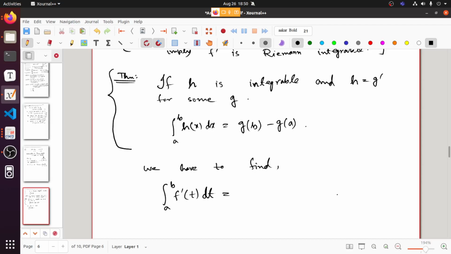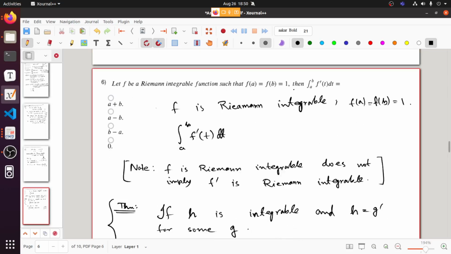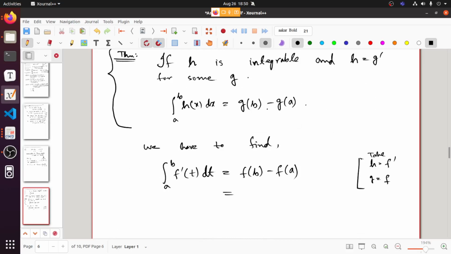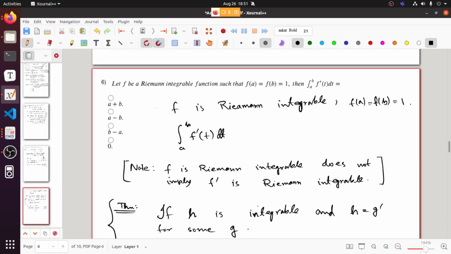By this theorem you will get f(b) minus f(a). Both f(a) and f(b) are given as 1, so it will be 1 minus 1, which is 0. So the integral from a to b of f'(t) dt is 0, and option number 4 is correct. Okay, is this fine?